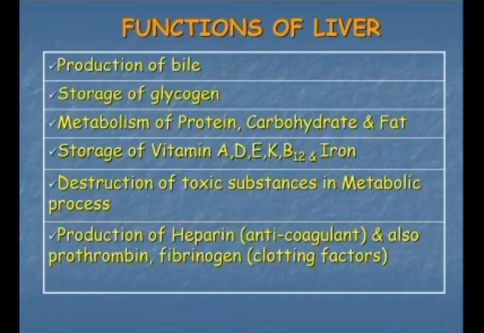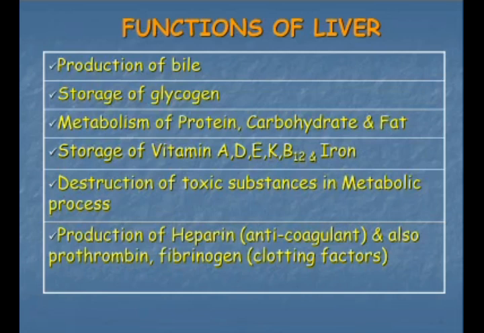Liver is also responsible for storage of vitamins and iron. Fat soluble vitamins like vitamin A, D, E, K are stored in the liver, whereas among water soluble vitamins, liver is also responsible for storage of vitamin B12. Now liver is responsible for destruction of toxic substances in the metabolic process, and liver is also responsible for production of heparin, and this heparin is an anticoagulant.